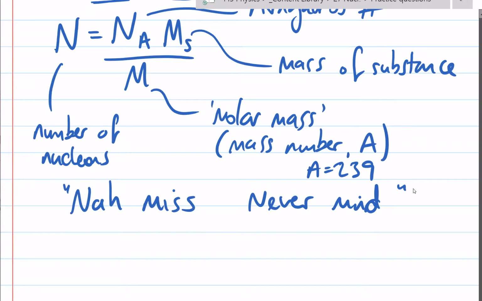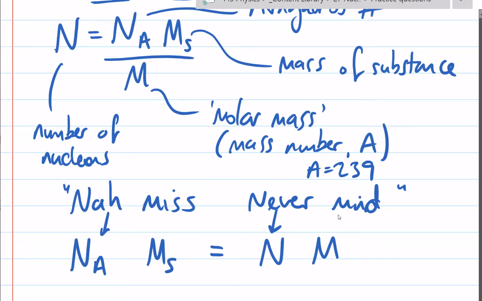Imagine one of your female teachers is asking you what you were talking about, and you'd say, nah, miss, never mind. That is Na, ms, equals nm, never mind. That's a good way to remember it.